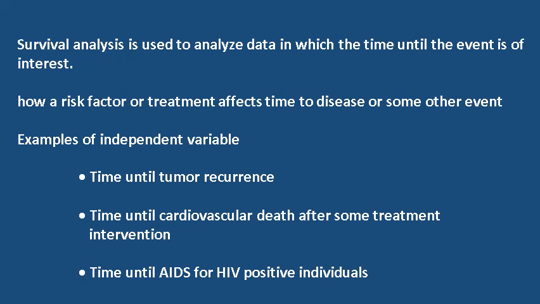It studies how a risk factor or treatment affects the time to disease or time to the event. What are the time variables? Time until tumor recurrence, time until cardiovascular death after some cardiovascular or treatment intervention, time until development of AIDS for HIV positive individuals. These are the time variables: time until tumor recurrence, time until cardiovascular death, or time until any event.